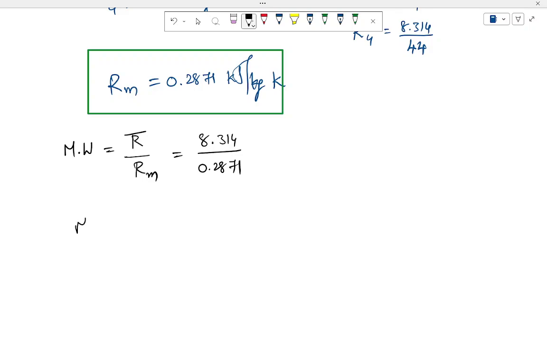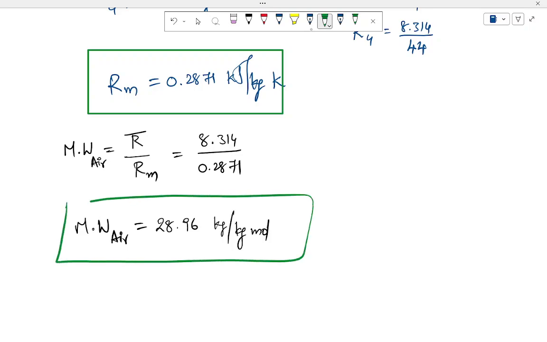So you'll get the molecular weight of that particular mixture. Here the mixture is air. So for the molecular weight of air, you'll get around 29 or 28. The exact value is 28.96 kg per kg mole, the molecular weight that you will get here.